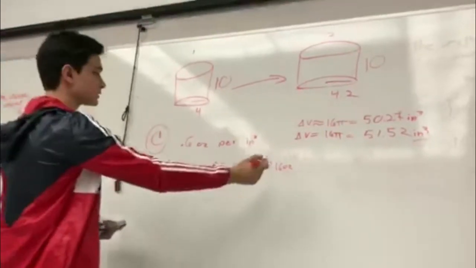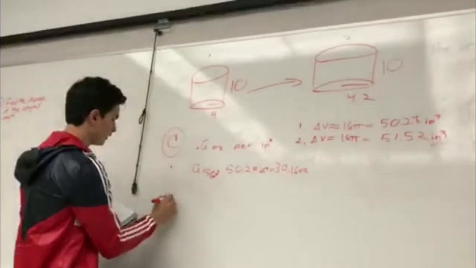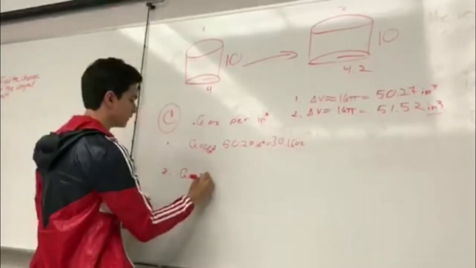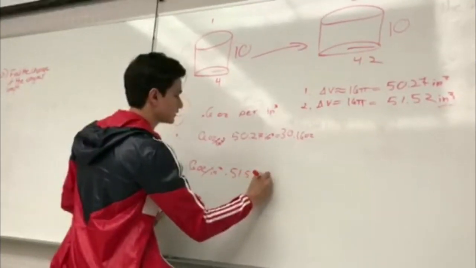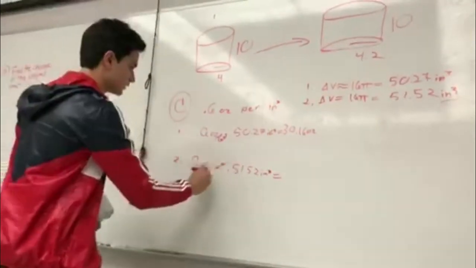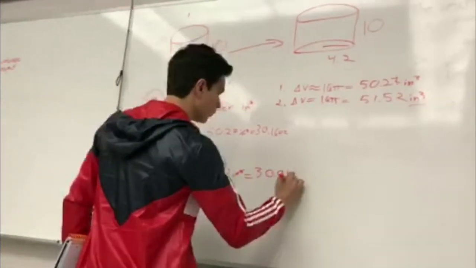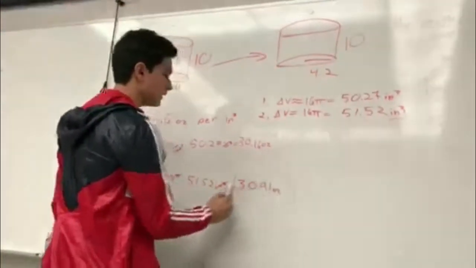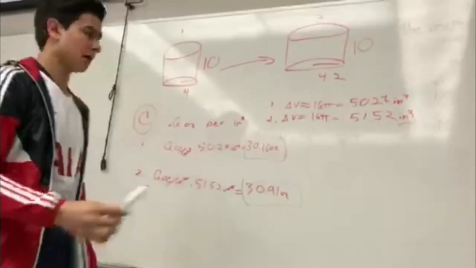So now we just do the same thing for the second cylinder: we have 0.6 ounces per inches cubed times 51.52 inches cubed. The inches are going to cancel out again, and we're left with 30.91 ounces. So this is going to be the approximate weight of the cylinder with the substance in it.